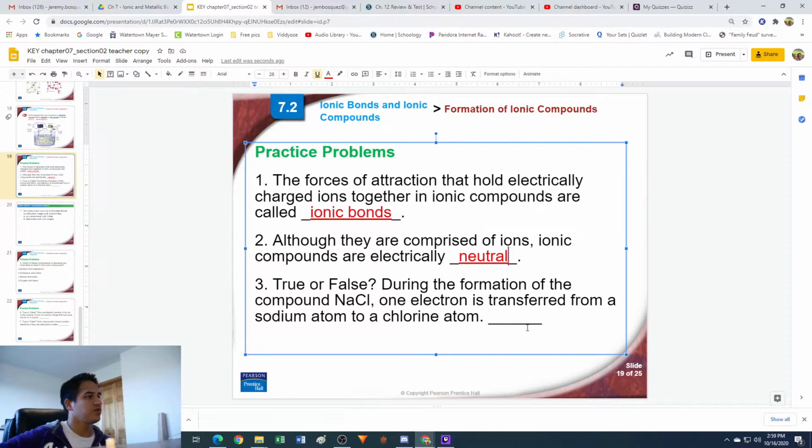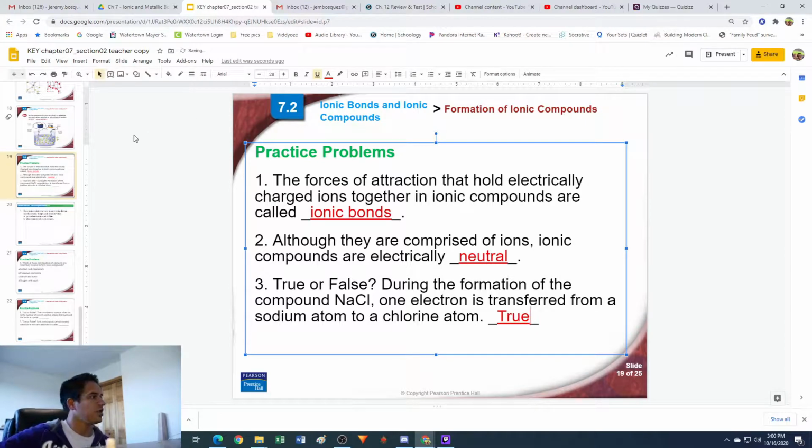All right, number 3, true or false? During the formation of the compound NaCl, one electron is transferred from a sodium atom to a chlorine atom. So this is true, and this was shown in the notes, and I can even show it here too.